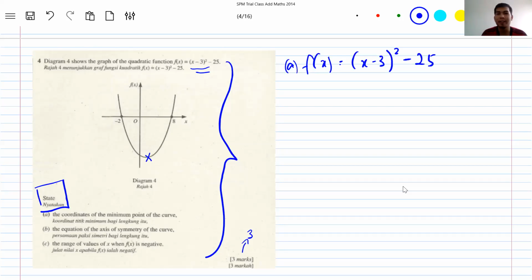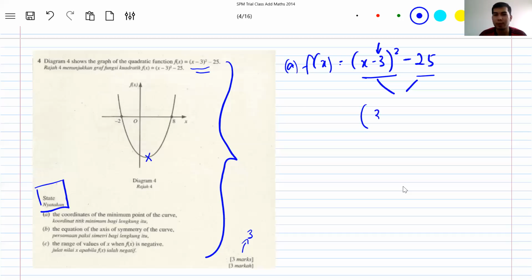Because this is one special form of function where you can see x minus something or plus something, squared, minus or plus a constant. These give your minimum or maximum point, where the x coordinate will be this number times the negative.